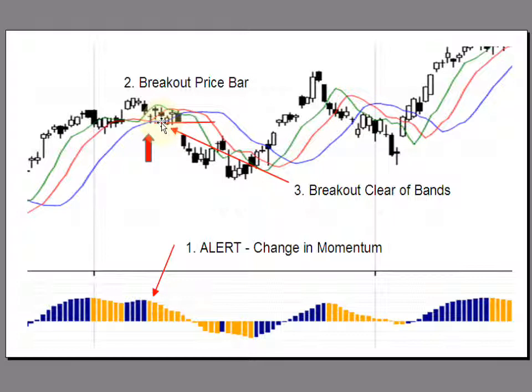And it was valid because the breakout occurred clear of the bands, and that's the basic definition of a valid entry signal.